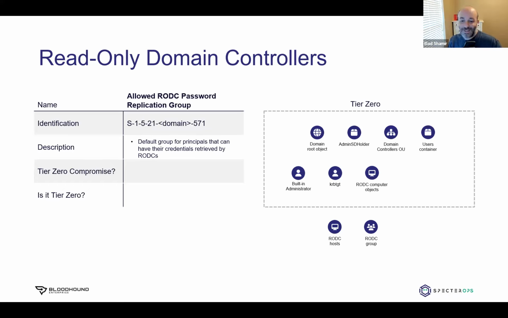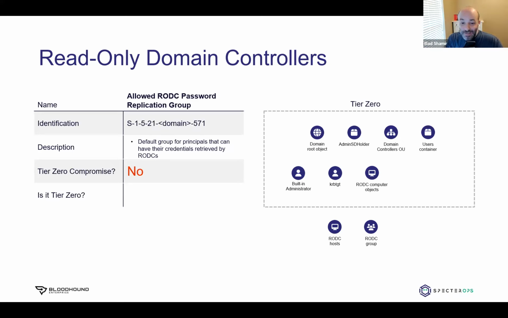However, this group has no inherent functionality beyond being added to the allow list by default. The RODC password replication policy is stored in the RODC's computer object attributes. And ultimately, that is what determines whether an account can have its password retrieved by the RODC or not.